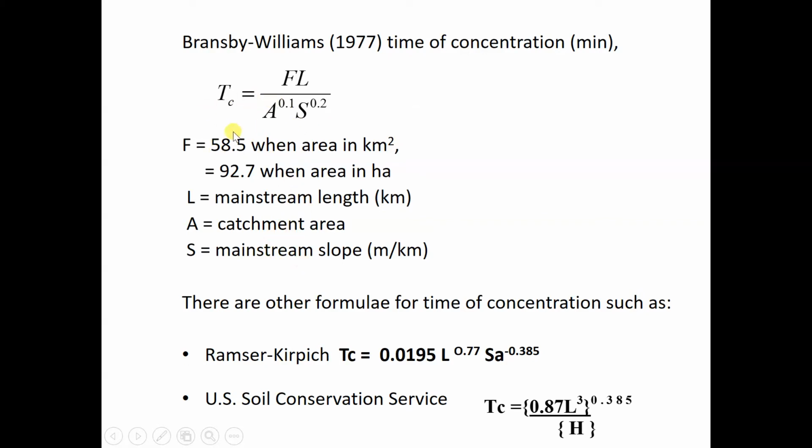So this time of concentration is another formula. For example, this one is Tc equal to FL divided by A to power 0.1 divided by S to power 0.2, and then the F. You know, these are all the things mentioned. The unit is a bit unusual, like kilometer square, meter per kilometer.